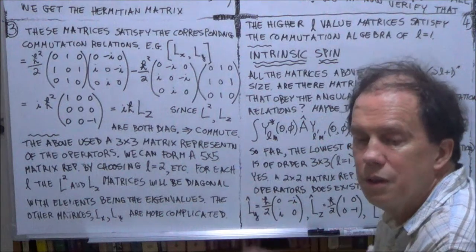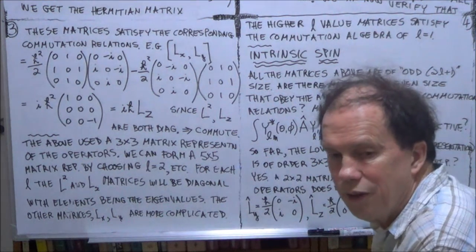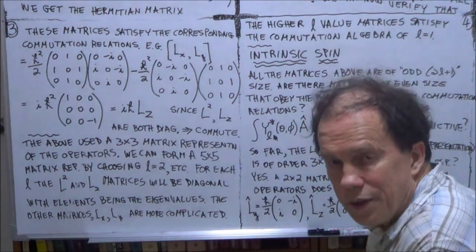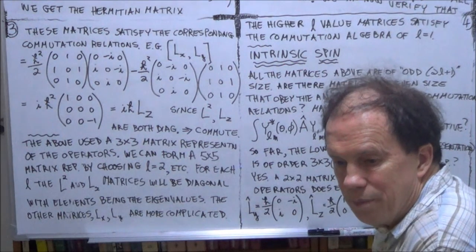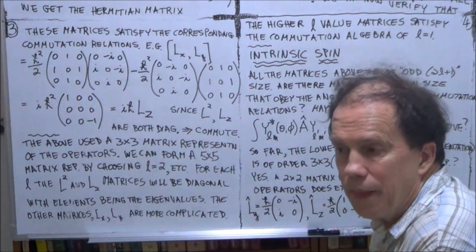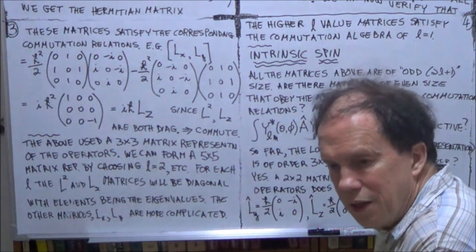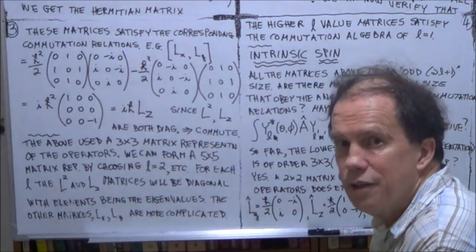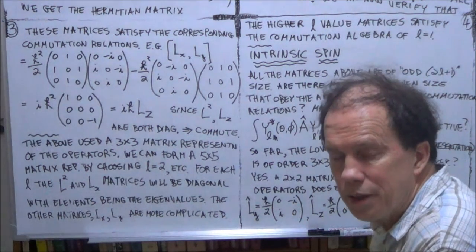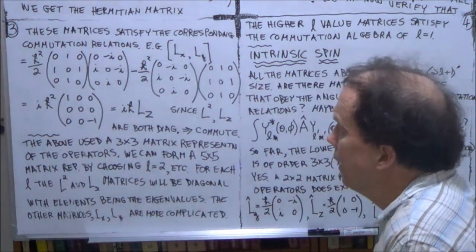So L can go as high as you like. You can have very high quantized angular momentum. But the point is, since L are integers, the L times L plus 1 give discrete, quantized values for the allowed angular momentum in quantum mechanics.